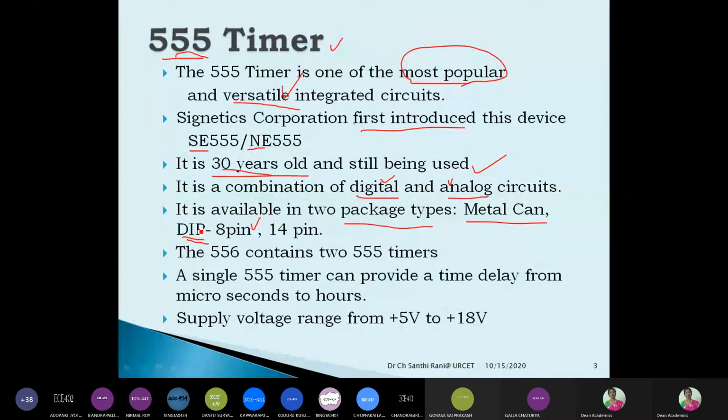So it is available as mini dual inline package type 8-pin IC, and it is also available as dual inline package IC with 14 pins. Okay, that means it is available in dual inline package, and also in metal can, or what we say round metal can package, right? We know how this metal can package looks. We have seen at the introduction of this chapter, this subject, the various IC packages.